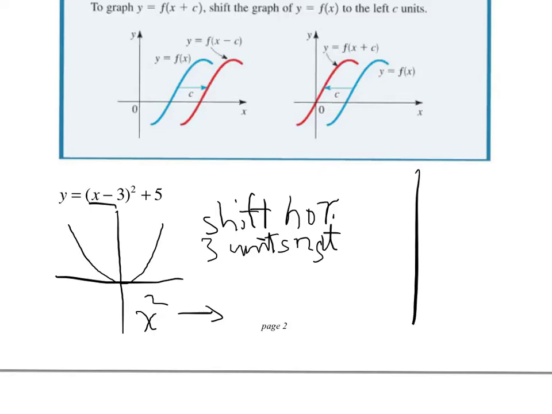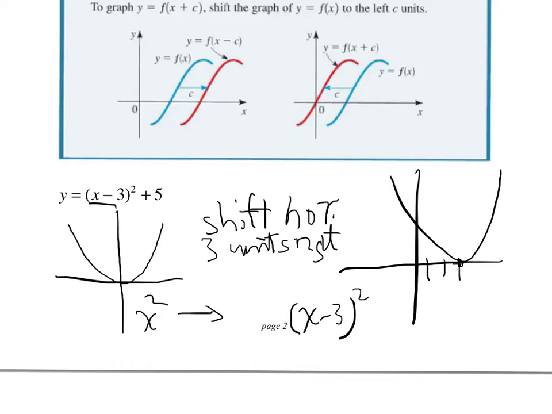And when we do that, we get the vertex here at 3, and then the y-intercept of x minus 3 squared is 9, so that would be 9 right there. That's what you get when x equals 0.